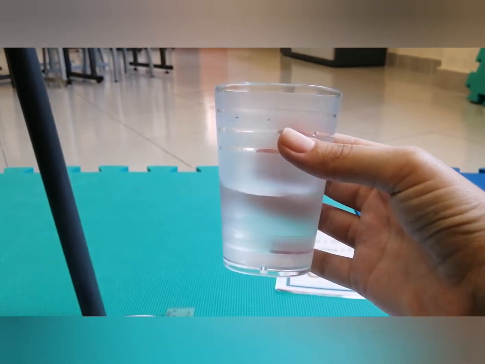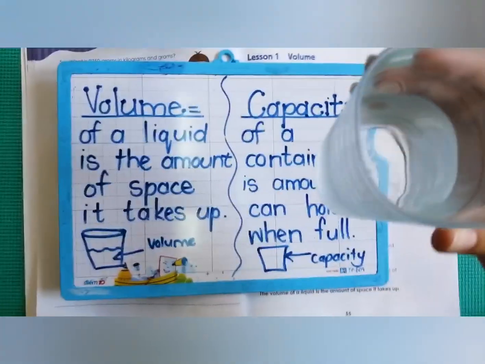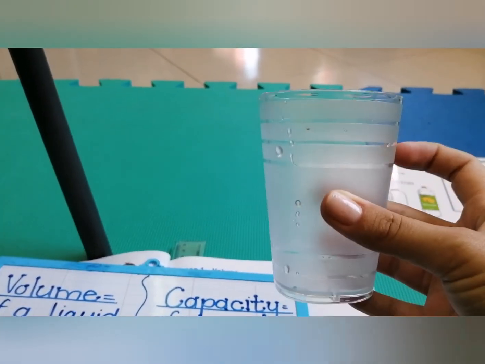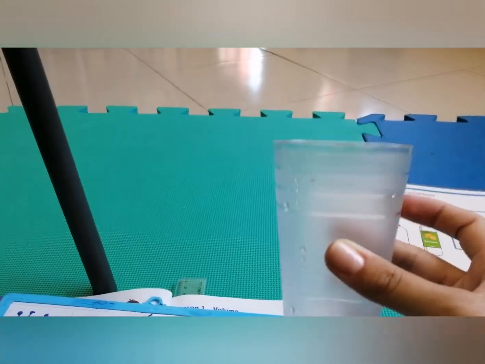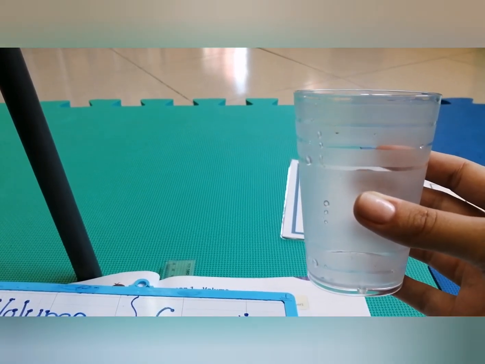How much space does that liquid take up? Okay? And when we speak of capacity, we speak of the amount of space this container can hold when it is full.